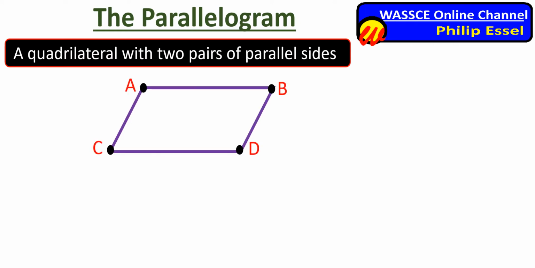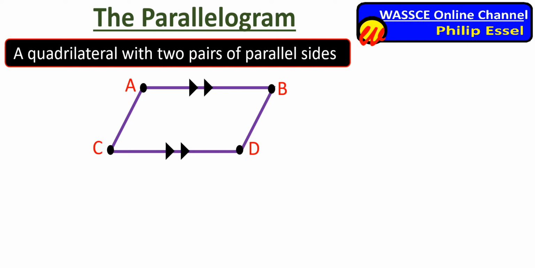This shape A, B, C, and D is a quadrilateral. Let's assume that the sides AB and CD are parallel. So we'll be using the following arrows to indicate that the sides AB and CD are parallel.